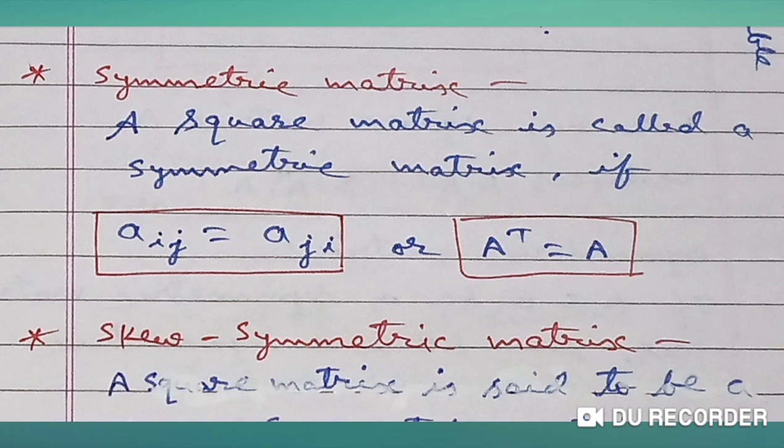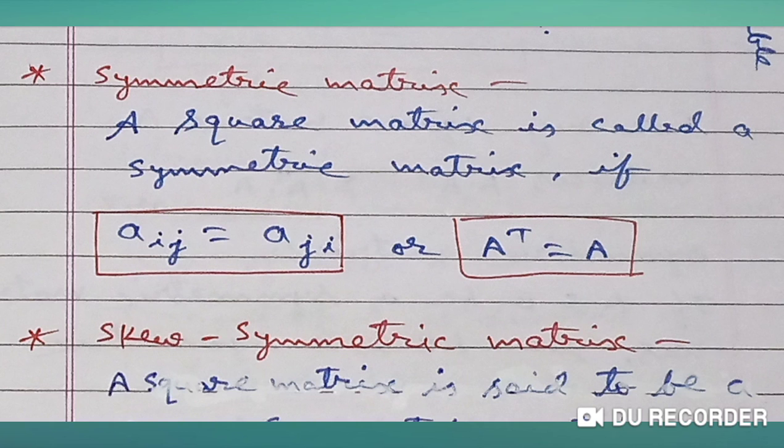Just take the identity matrix or unit matrix of order 3. How does it look? It looks like 1 0 0, 0 1 0, 0 0 1. When we find its transpose, the rows will be interchanged to columns. But what happens here?